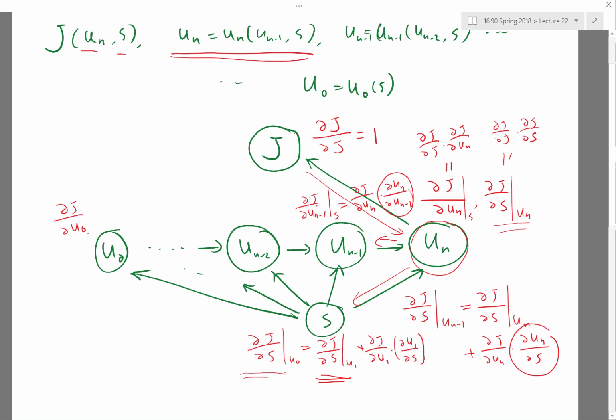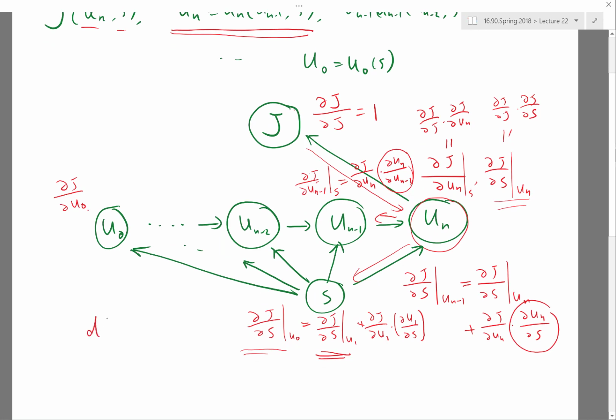Okay, so basically, finally, dj ds, right? This dj ds is basically, I no longer assume anything else to be constant anymore, right? So after I propagate it all the way through u0, then I don't have to assume anything else to be unchanged. It is equal to partial j partial s, assuming u0 is constant, plus partial j partial u0 times du0 ds, because u0 is only a function of s.